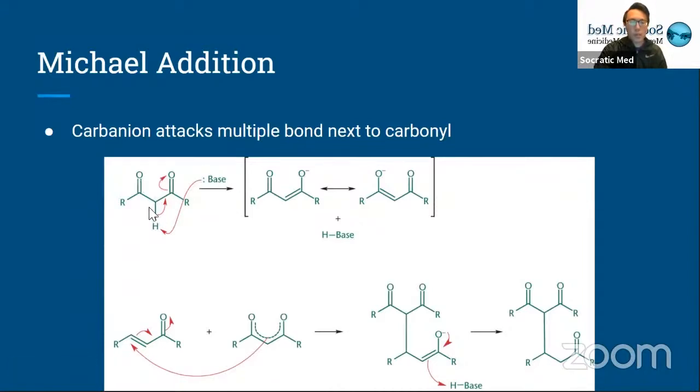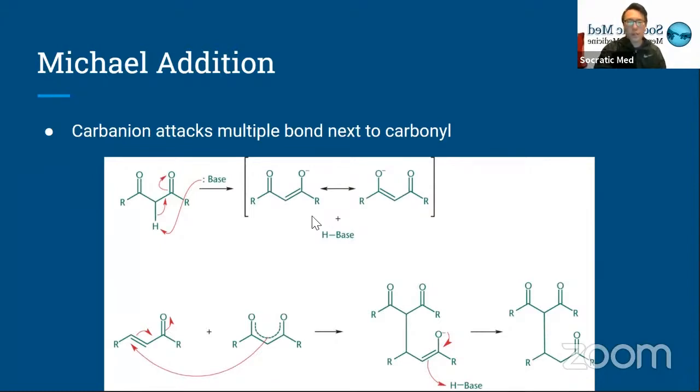When you use a base to deprotonate that alpha carbon, you get a carbanion, and you can resonate the negative charge on the carbanion onto the oxygen, as you can see in this diagram. And you can use that negative charge to form a covalent bond.